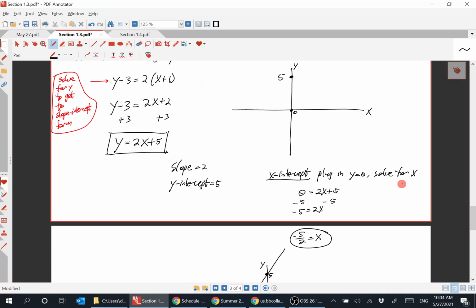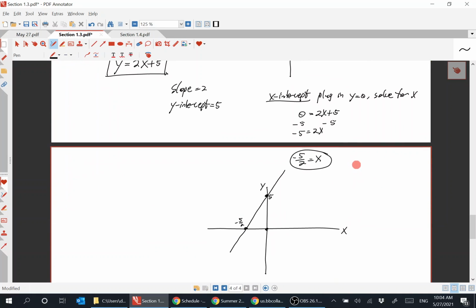So since we're looking for the x-intercept, plug in y equal to 0 and solve. And you get x equal to negative 5/2. So now that you have the x-intercept, negative 5/2, and the y-intercept at positive 5, you can just plot those 2 points, and any 2 points uniquely define a line, and there it is.